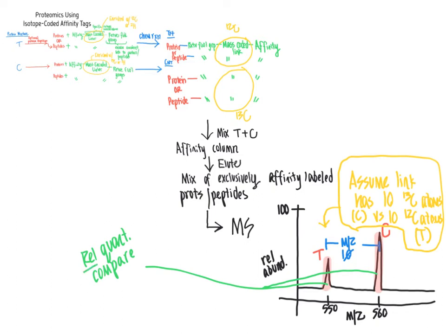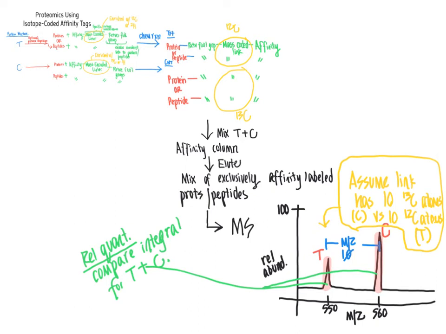So to relatively quantitate treatment versus control, compare the integral for the signal that we know corresponds to the treatment versus the one we know corresponds to the control. And that will tell us by what factor has the protein been upregulated or downregulated in the treatment relative to the control, without incorporating additional internal standards where we know exactly on a mass basis how much of that particular protein or that particular peptide there was.